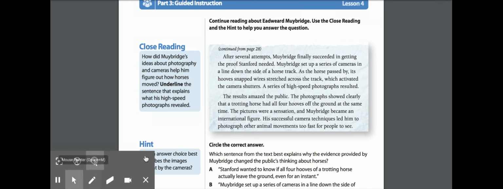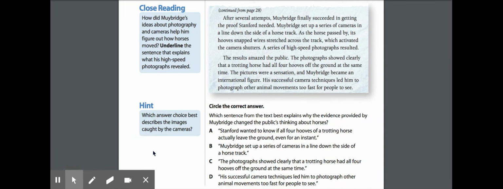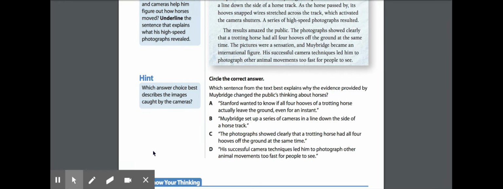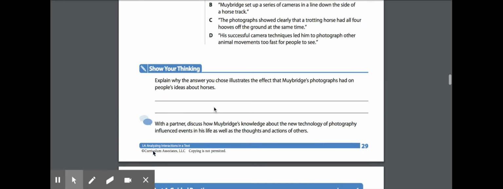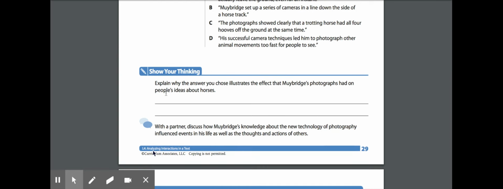Cool. So you're going to go ahead and answer this question. Which sentence from the text best explains why the evidence provided by Muybridge changed the public's thinking about horses? So in your reading question response for 327, you need to answer this question along with this one, and also, sorry, this one, okay?